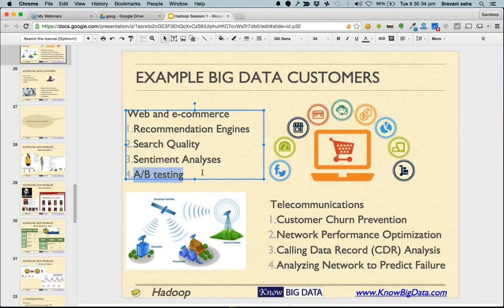I've talked to at least five or six telecommunication companies who are already using big data to solve their problems of storage, velocity, and complex analysis of the data. Such as customer churn prevention.